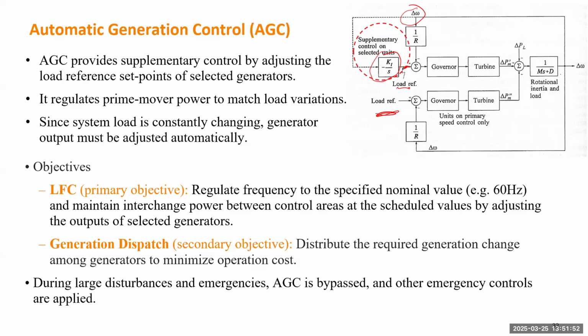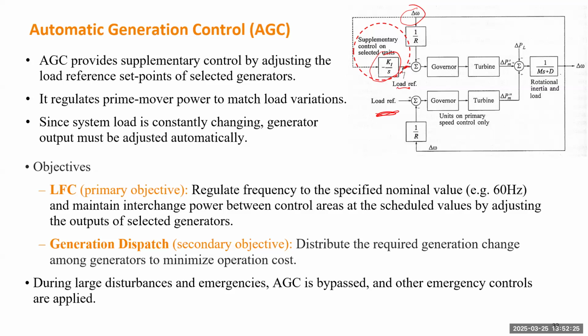During a large disturbance or some emergency condition, the AGC is bypassed, because under a large disturbance you have some risk of becoming unstable, and ensuring system stability is the most important thing. So AGC usually can be bypassed, and you can utilize some other emergency control to recover frequency.